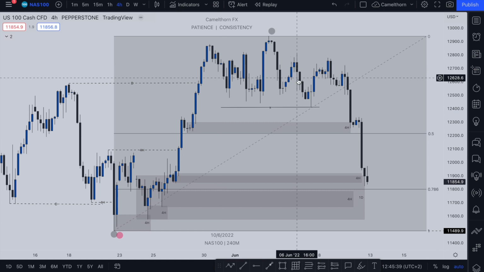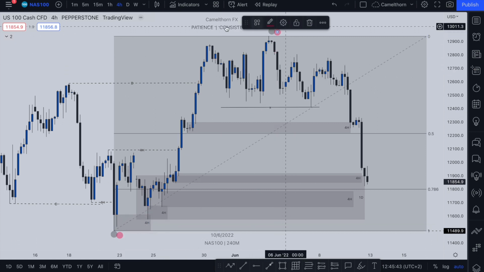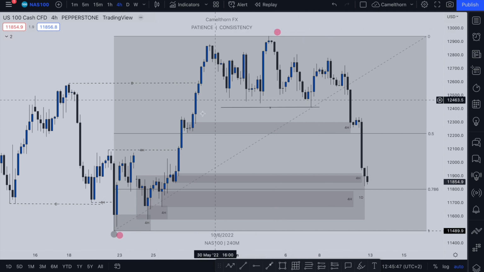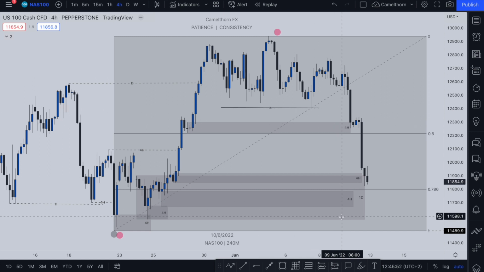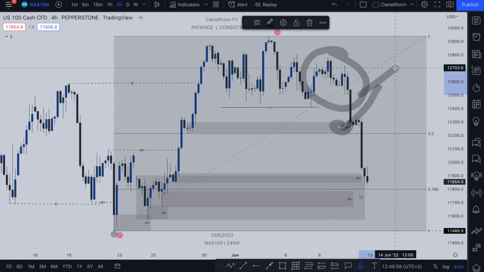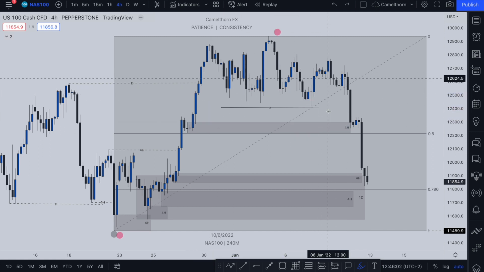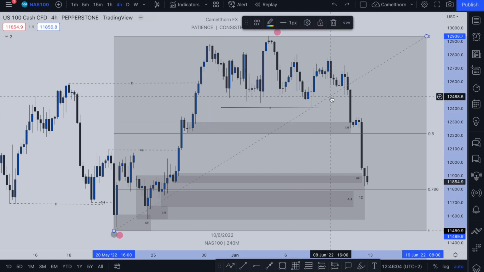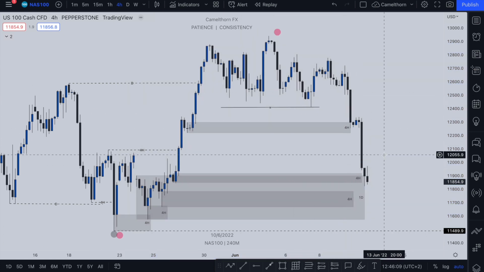So if we mark out and denote this as a 4 hour swing as well, you'll see that within this particular 4 hour swing, this demand zone sat just above our 50%, and that meant obviously that we were sitting within premium pricing, and it was not that high probability for us to look for longs from, even though we had really nice liquidity that built. Okay, so price action ends up violating here, and it ends up pushing down lower.